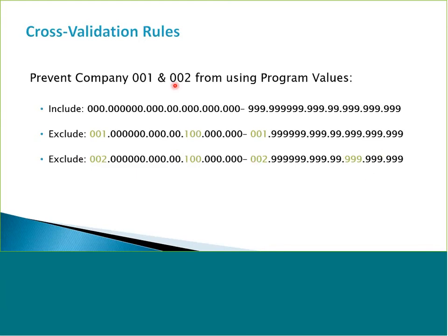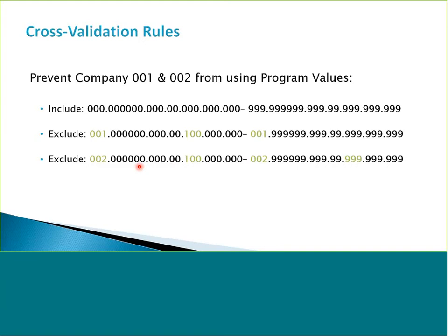So also for company 2, we don't want it to use any value in that program segment apart from the default, which is 00. So anything else apart from that, which we will read as 001 to the last value 999, should not be used by either of these two companies.